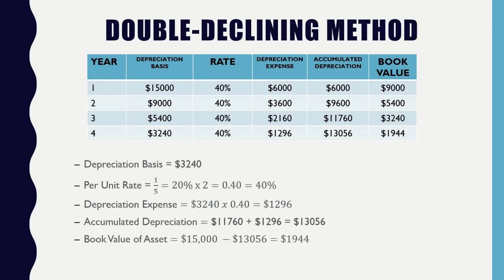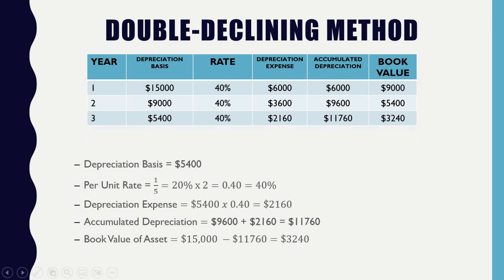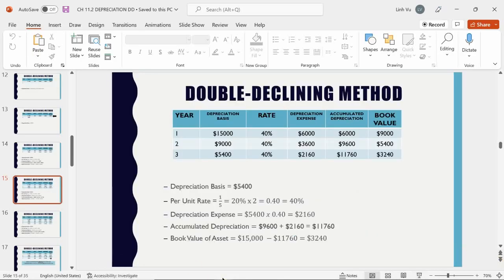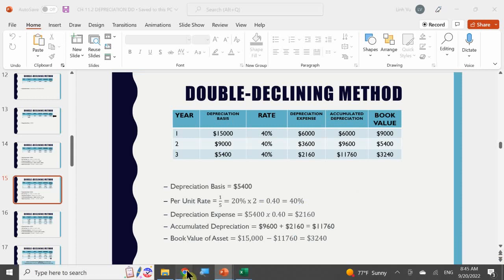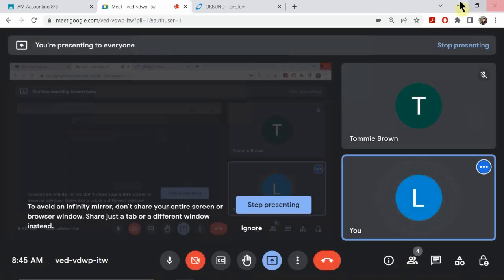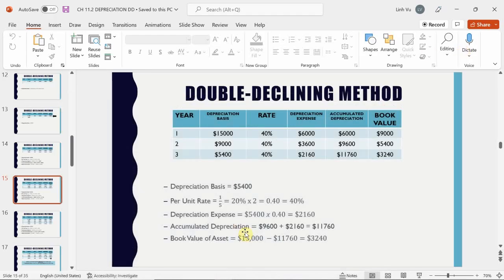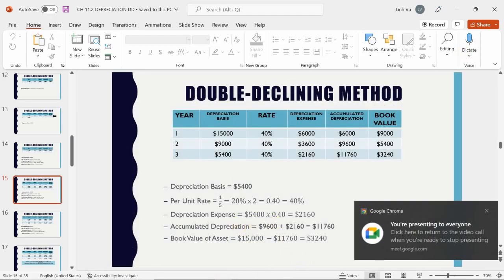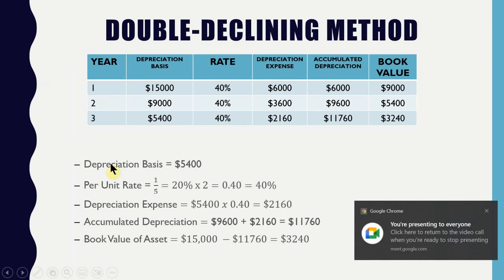How much was I supposed to have it for? 2,500, right?